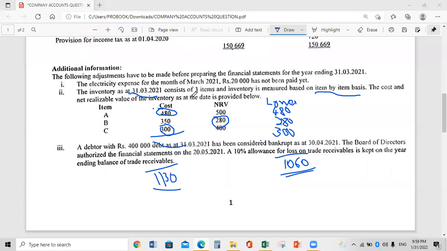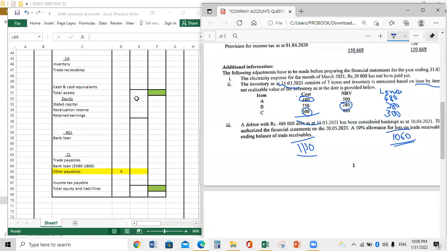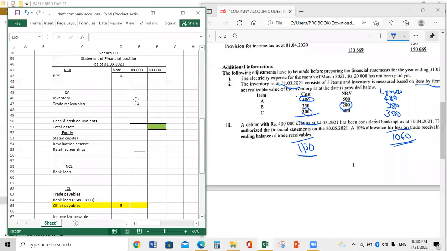Now guys, see here, LKS2 says always compare cost and NRV and see which one is lower, and the lower one always record under current asset as the inventory value. So the lower one is 1060, and 1060 comes under current asset.